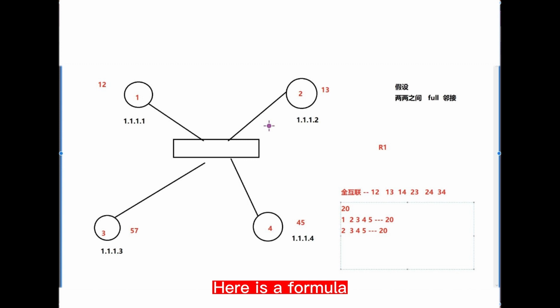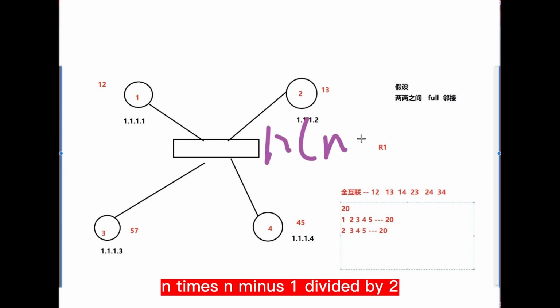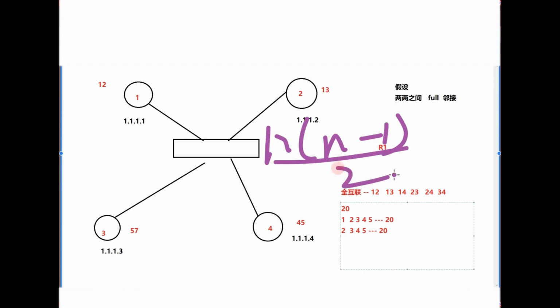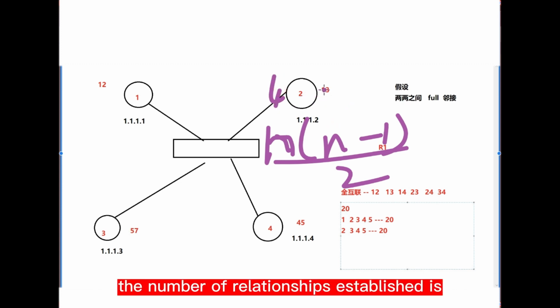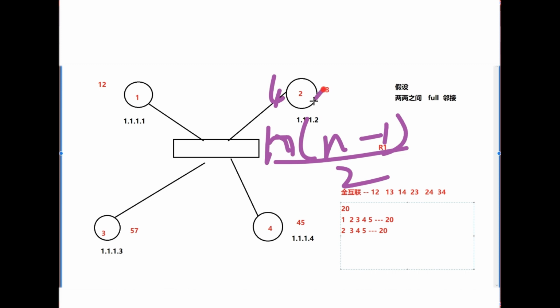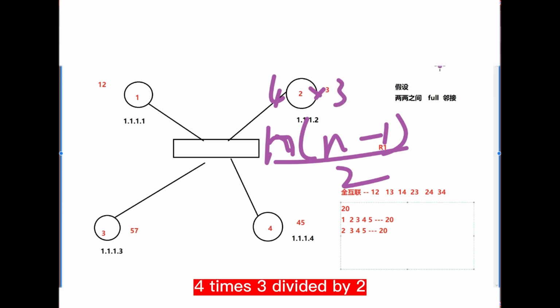Here is a formula. Just tell everyone. N times (n minus 1) divided by 2. N is the number of devices. For example, now 4 devices. The number of relationships established is 4 times 3 divided by 2, which is 6.